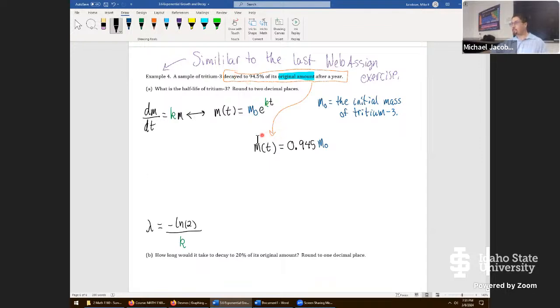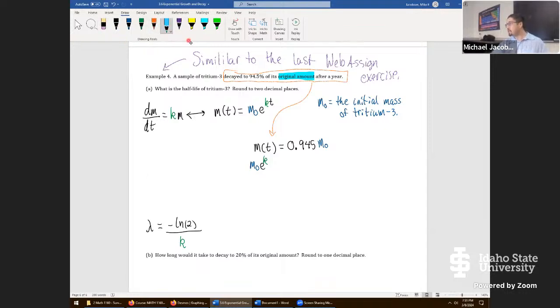To solve for k, we substitute mass at time t with all of that stuff right there. So it'll become m naught e to the kt. And not quite. I missed one little thing when I wrote all that in.